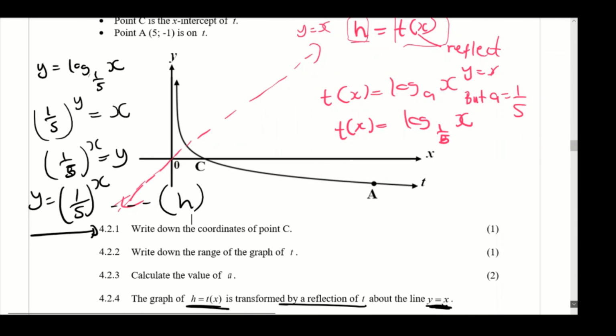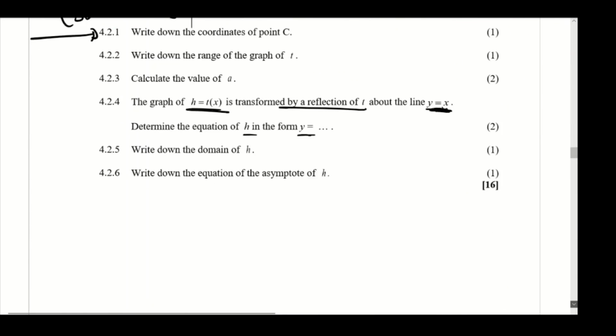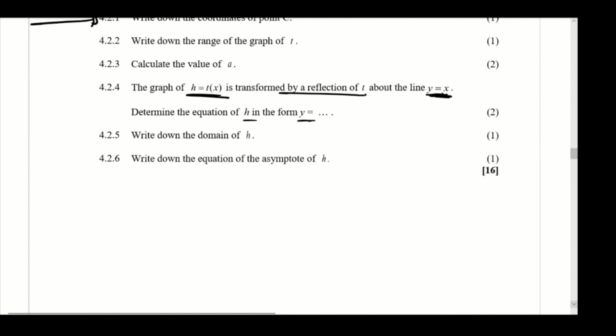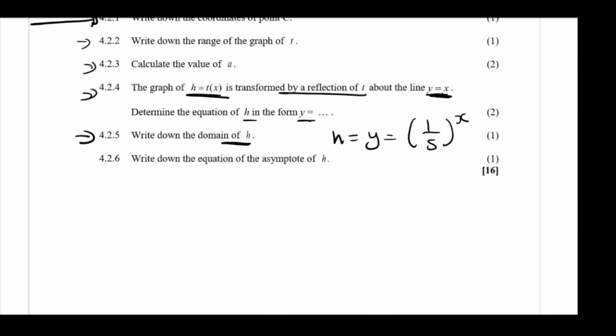Then now, so we are done with this. So now we want to do 4.2.5. Write down the domain of h. So we know the equation of h: y is equal to 1 over 5 to the power x, right? When you talk of the domain, we're talking of the x values. We want to interpret the x values.